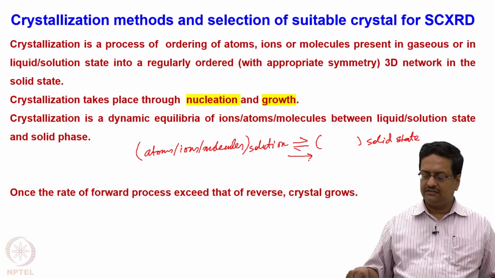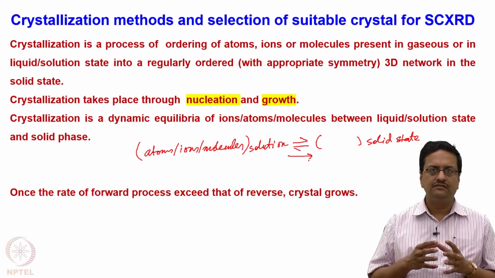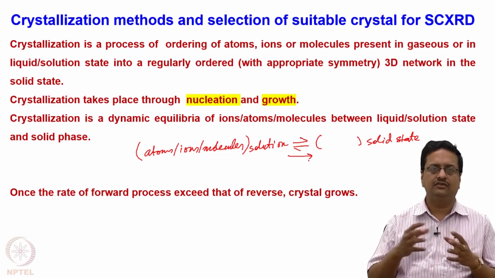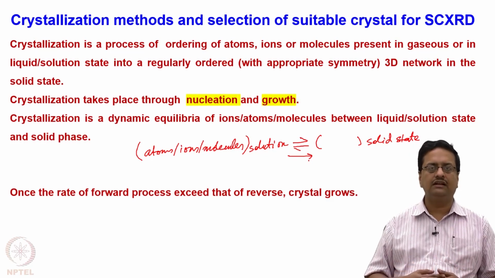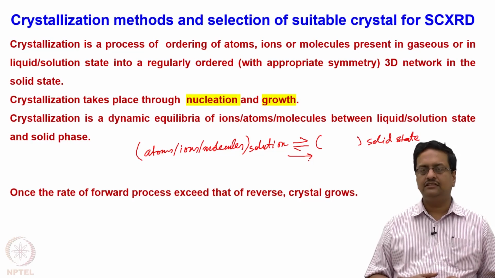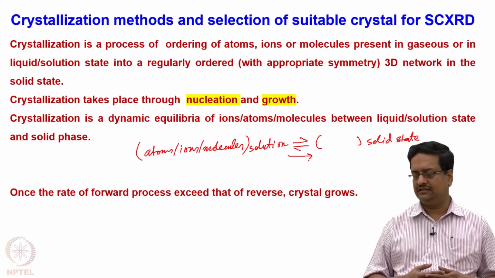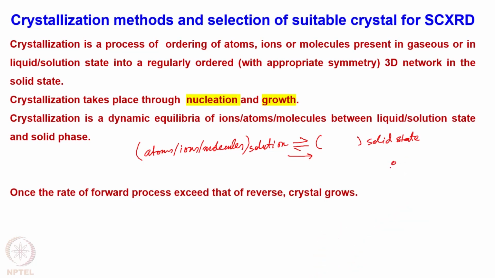What happens here is that these atoms, ions or molecules try to come together. They start interacting, they start talking to each other using various intermolecular interactions or interionic interactions. These interactions can be ionic in nature, this can be covalent in nature, this can be non-covalent interactions like hydrogen bonding, etc. So what can happen is a set of molecules can come closer and form some interaction pair in solution.